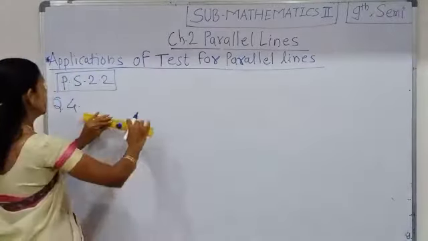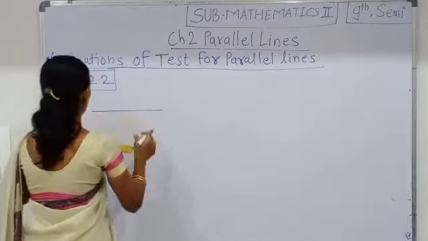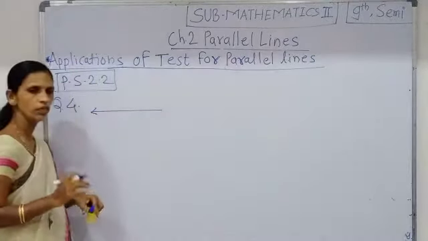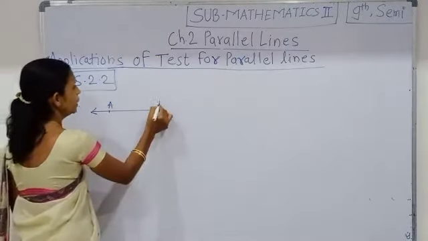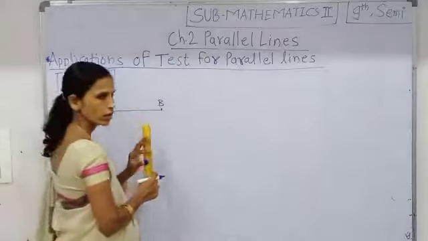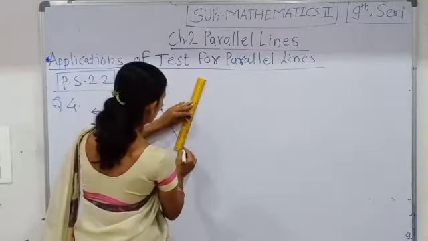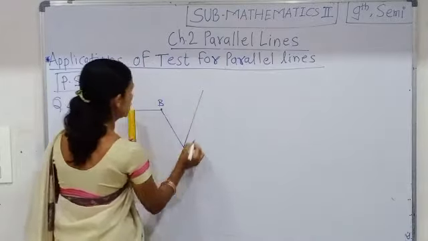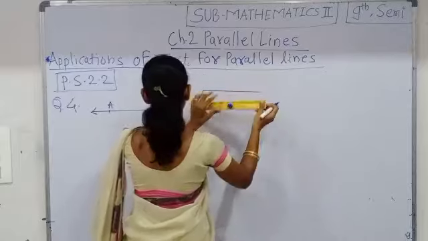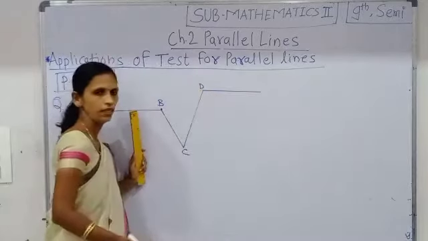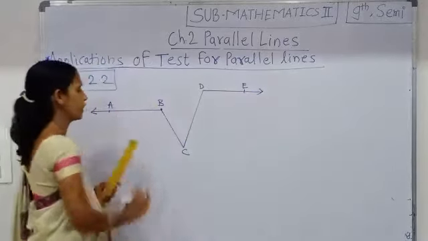See here in question number 4, the figure is given in which ray BA and ray DE are parallel to each other.